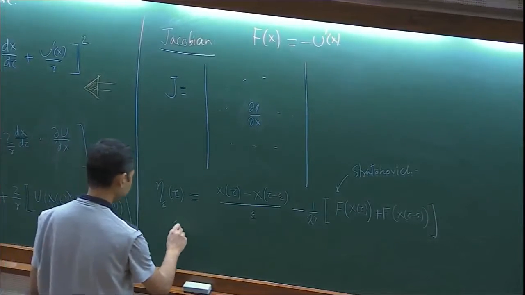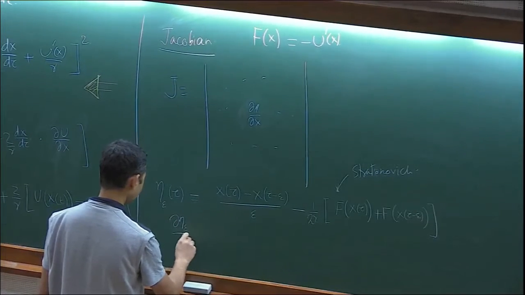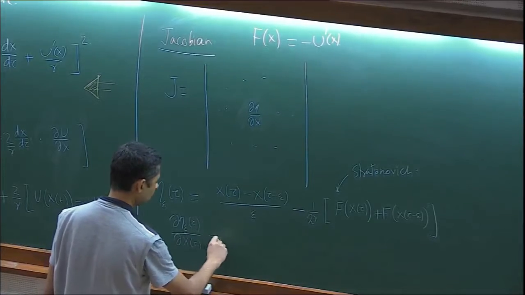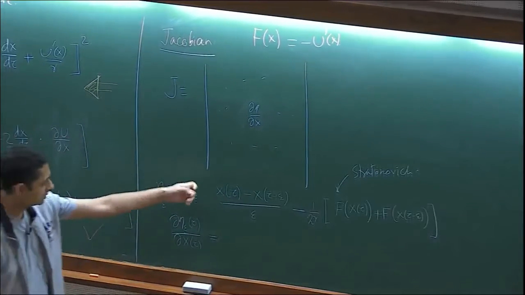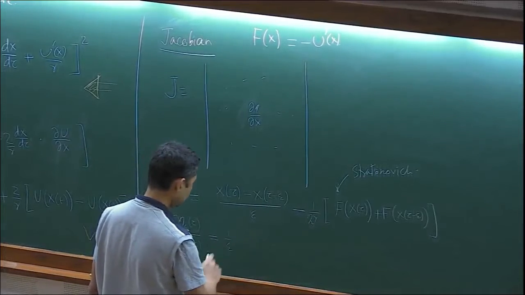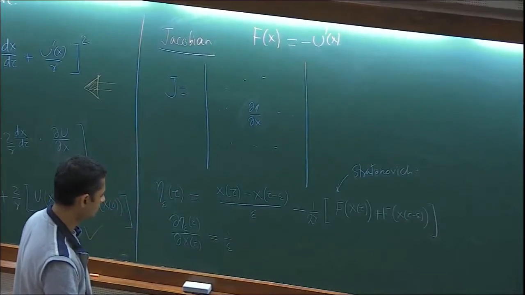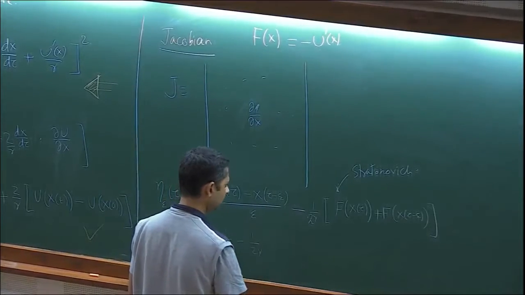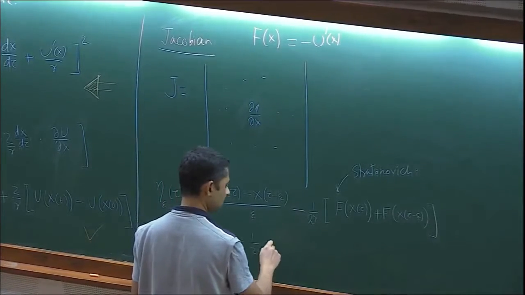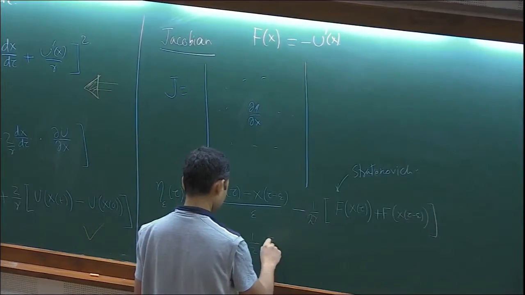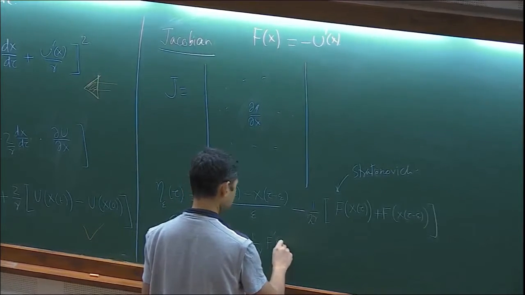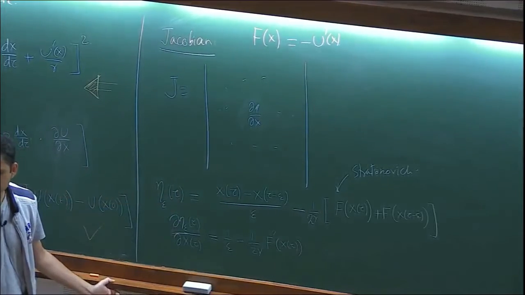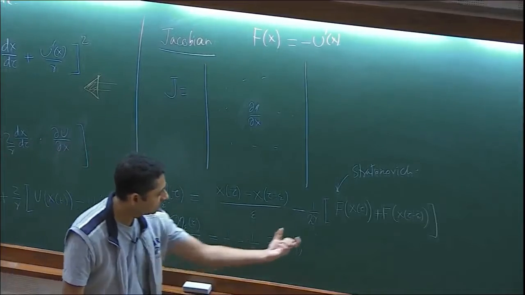So what is the derivative of eta at tau with respect to x at tau? So this is 1 over epsilon minus 1 over 2 gamma f prime of x at tau, right? Because that's a derivative with respect to the argument.